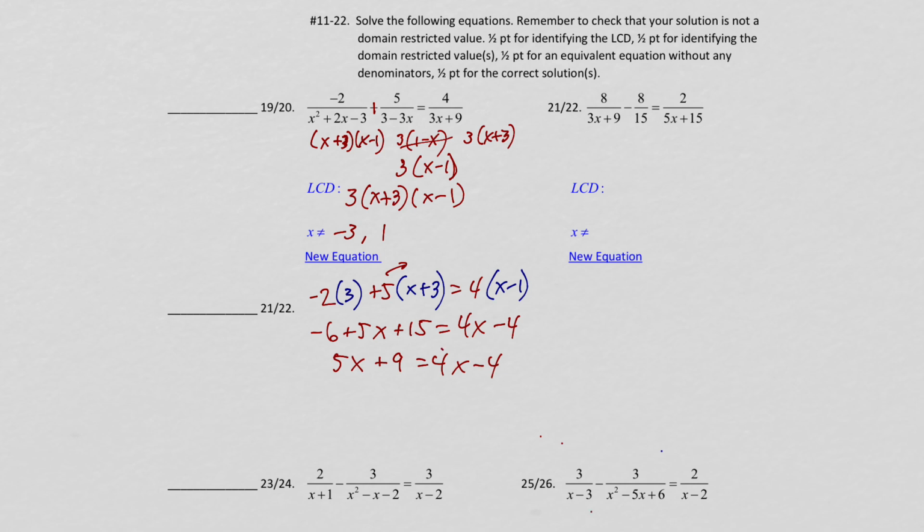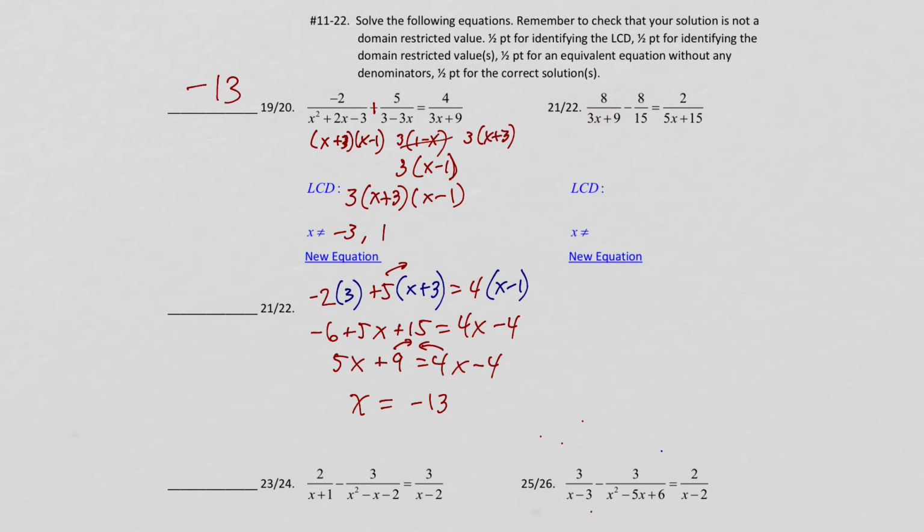I'll move this way and this way. 5x minus 4x is 1x, and negative 4 minus 9 is negative 13. So I get x is equal to negative 13, and then when I look back at my restricted values, negative 3 and positive 1 are not okay, but negative 13 is okay. So that's the solution.